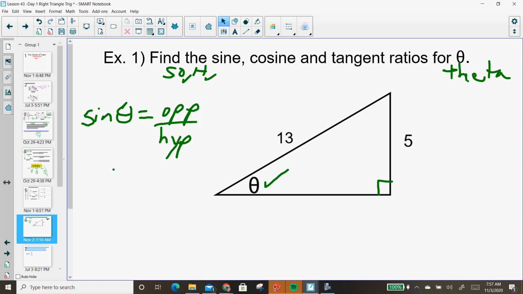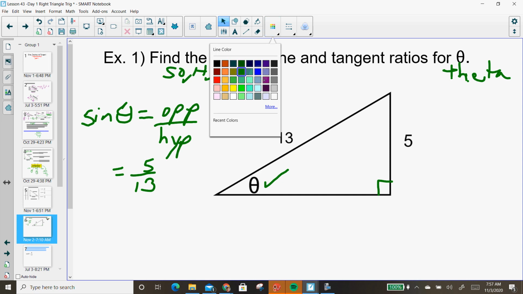So type in chat how long the opposite is over how long the hypotenuse is, and hit enter for me. And good job, the opposite side is 5, the hypotenuse is 13.